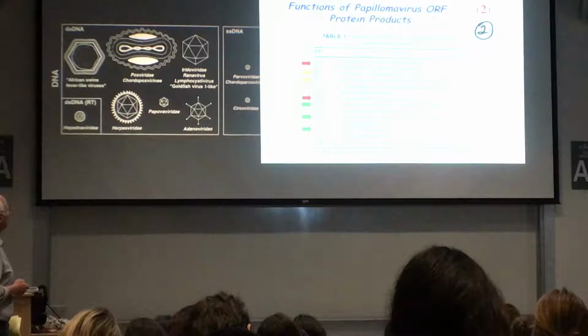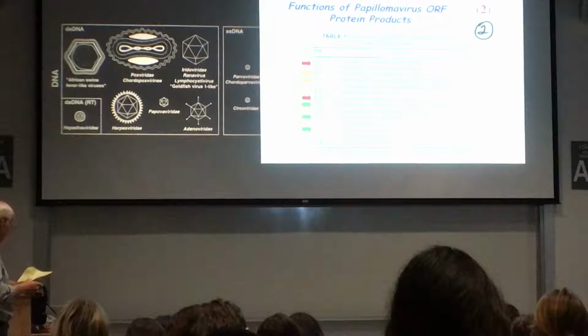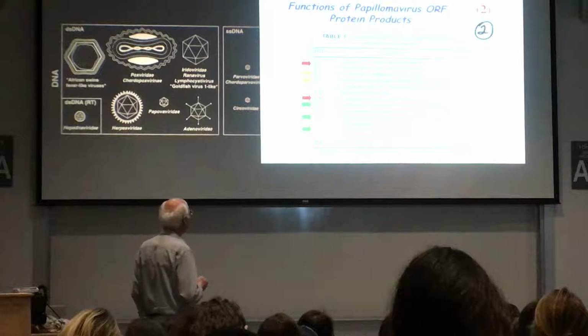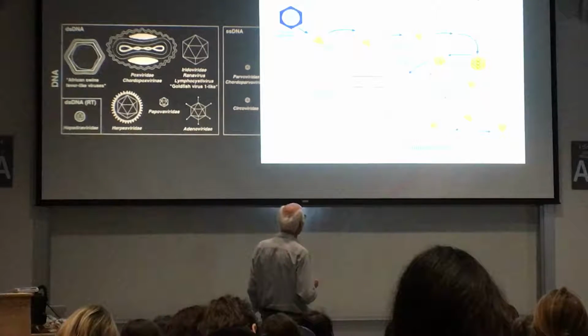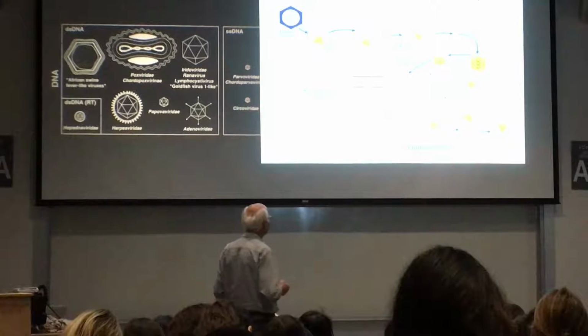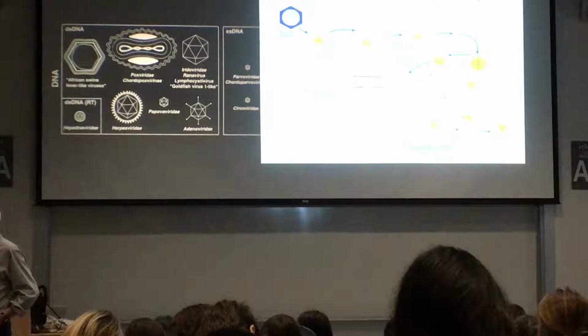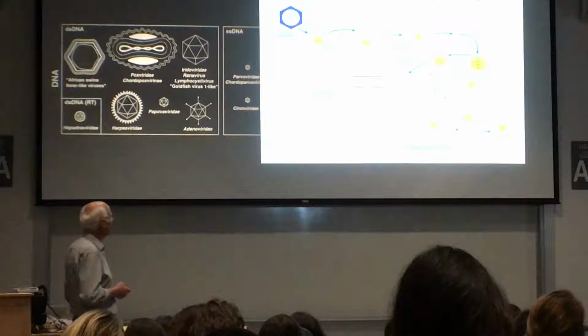Then we have E2 that's expressed, and so E2 acts to regulate transcription. So E2 functions with the cellular RNA polymerase and general transcription factors in regulation of transcription, but also functions in DNA replication together as well.